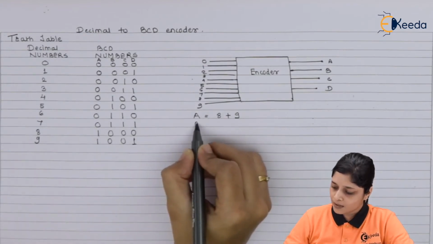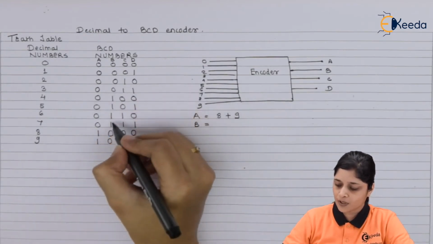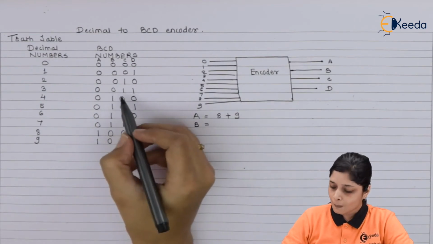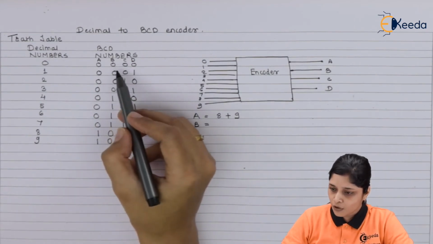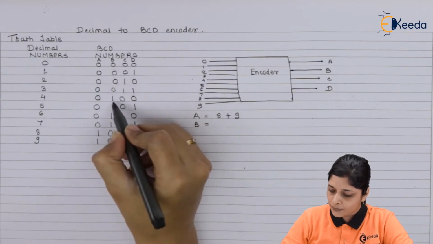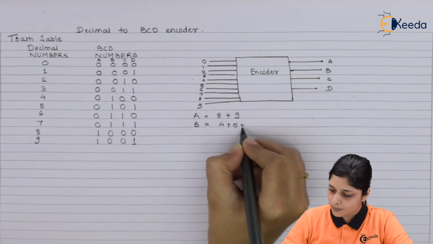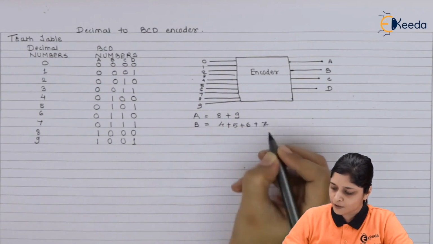Now for B, you have to find out how many ones are present for how many decimal numbers. So in the column B, we have 1 for 4 plus 5 plus 6 and plus 7.